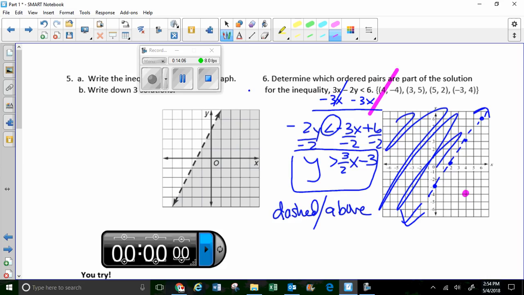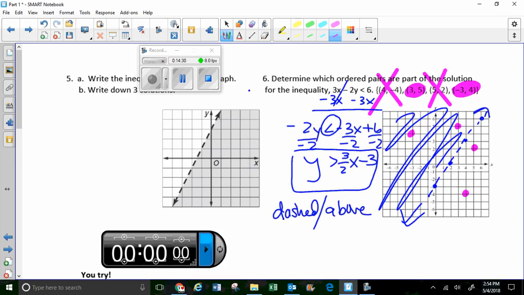And we saw that when we did it the other way as well. Let's plot 3, 5. Ooh, that is in the shaded region, so that is a solution. What about 5, 2? Nope, not in the shaded region. What about -3, 4? Yep, that is in the shaded region.